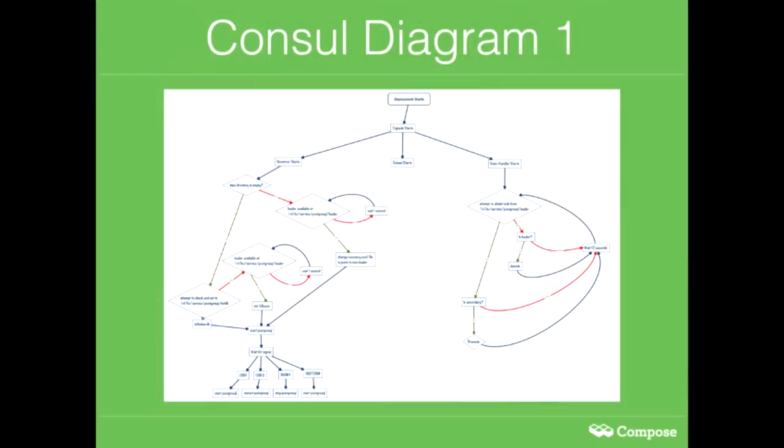That gave us enough information to come up with a diagram for our decision tree for HA. Don't necessarily look at each individual node on this decision tree, but just notice how complex it is. We went through a lot of iterations trying to figure out the exact decision tree that we wanted.